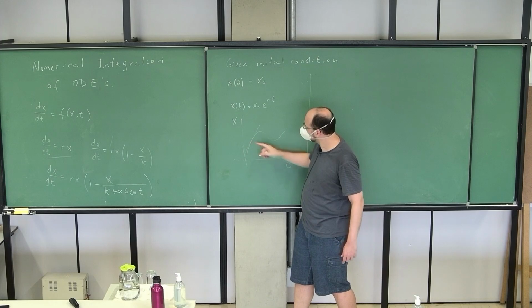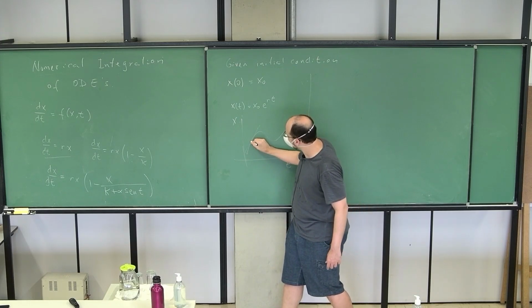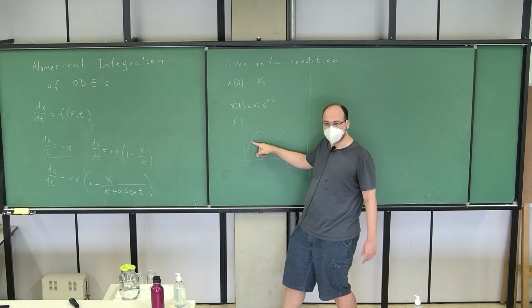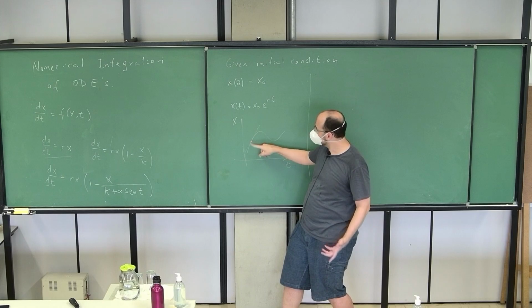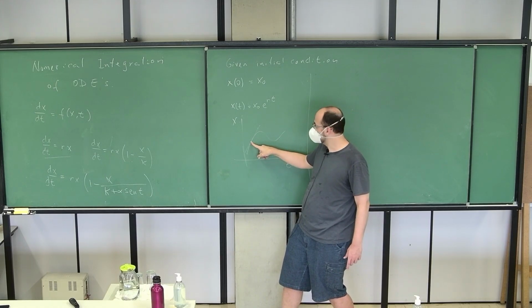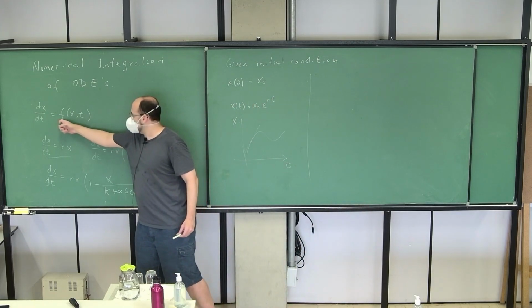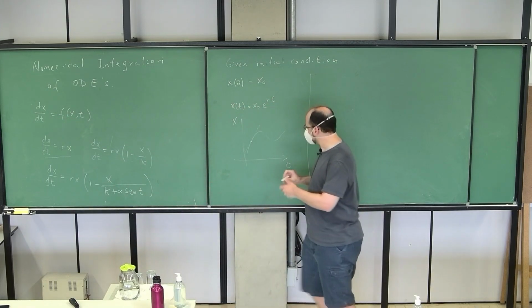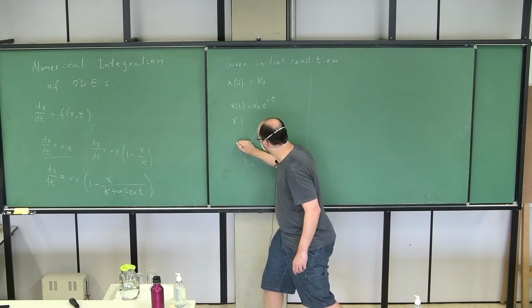Tangent straight line here, okay? And at each point along this curve, the value of the slope of this straight line, that is the derivative of this curve at this point. It will be exactly given by the function f at this point t and x.